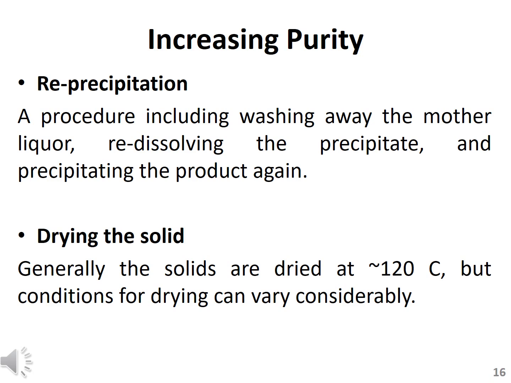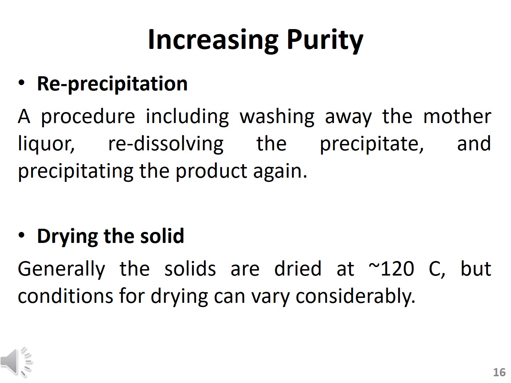We will take the precipitate first and then wash away the mother liquor, then the pellet, that precipitate will be redissolved and precipitated again to get the purity of the crystals at a higher level.